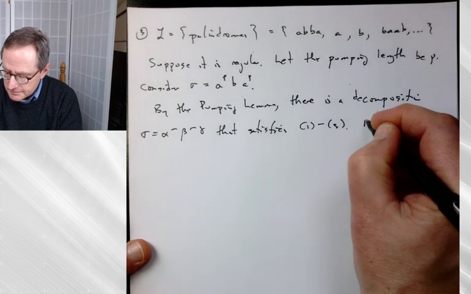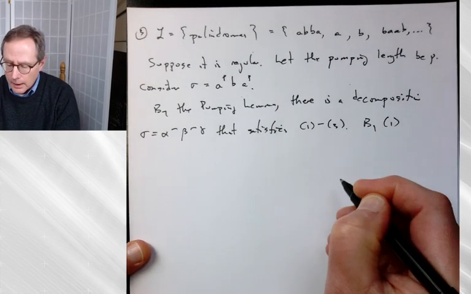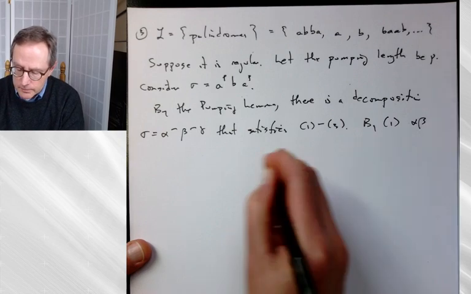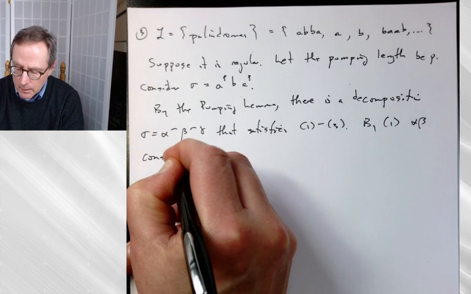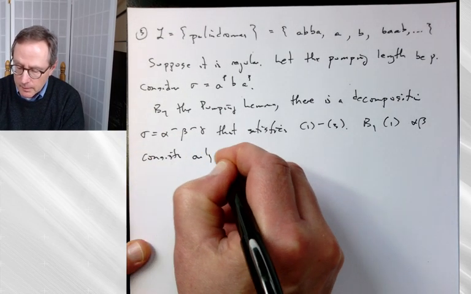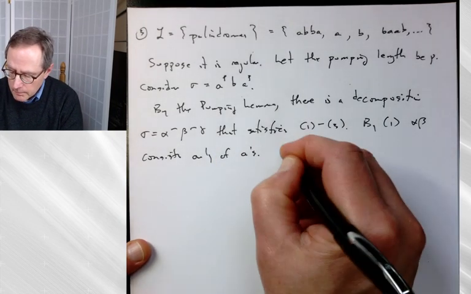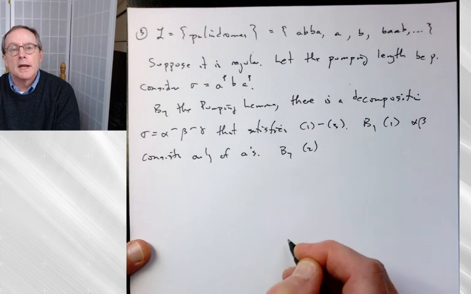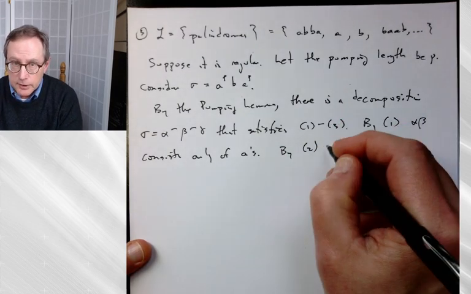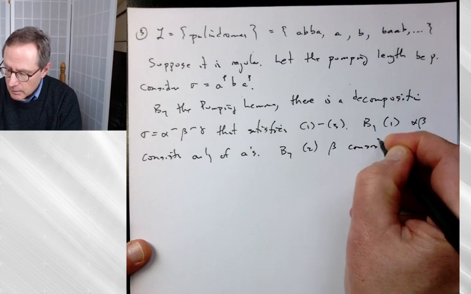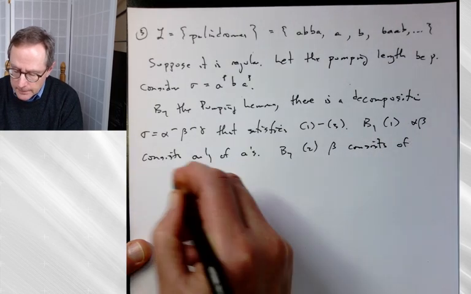And by 1, alpha and beta together consist only of A's. By 2, beta is not empty, so beta consists of at least one A.